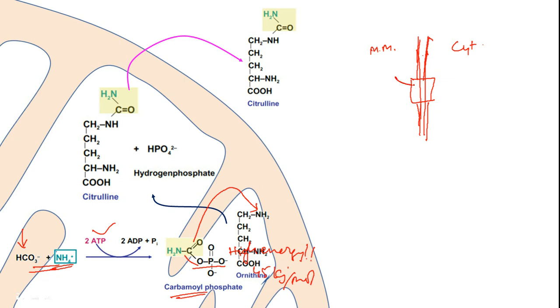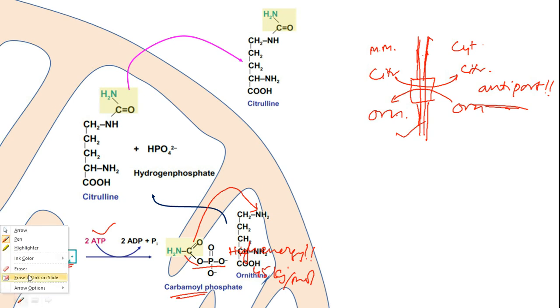So here we have a transporter mechanism, we call it the citrulline ornithine transporter, where citrulline is transported outside. At the same time, ornithine is imported. So it is like an antiport mechanism. For every 1 mole of citrulline that is going outside, 1 mole of ornithine will come inside. So in simple terms, this is the way the transportation happens over here.